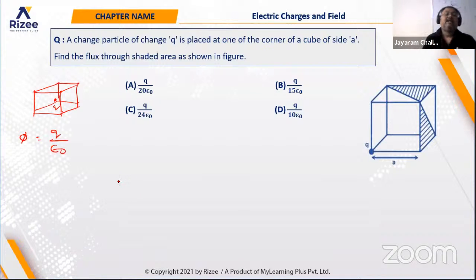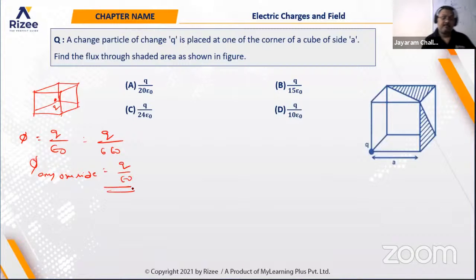Since the cube has six sides, the flux due to any one side is Q by 6 epsilon naught.